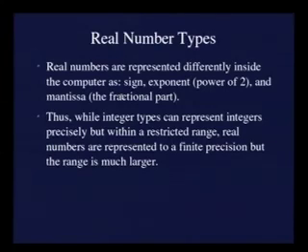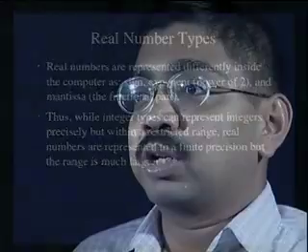The implication of this particular kind of representation is that real numbers can only be represented approximately. That is, we have only a finite number of bits to represent the mantissa or the fractional part of the real number, and so the accuracy is limited. On the other hand, integers are stored absolutely precisely.